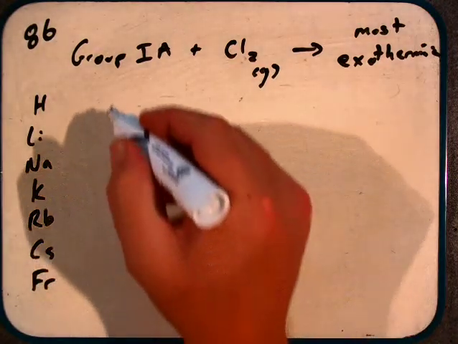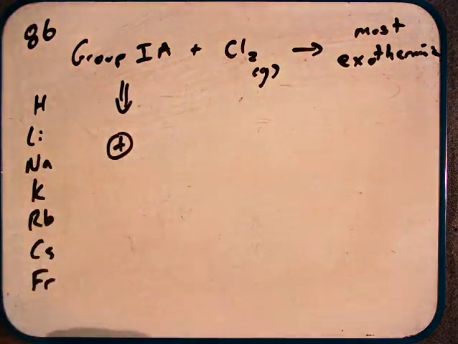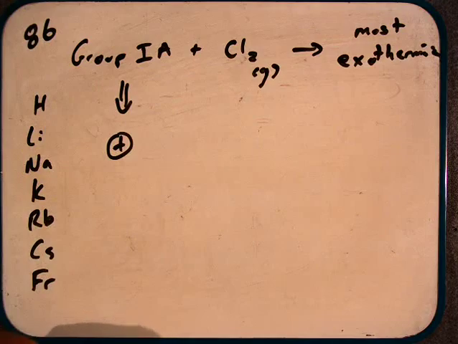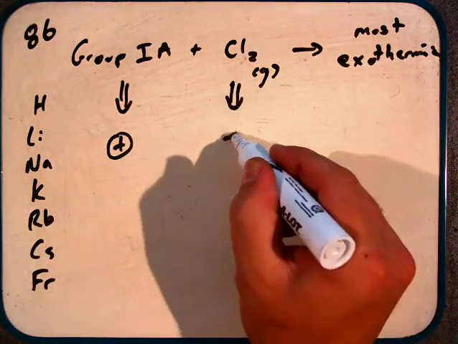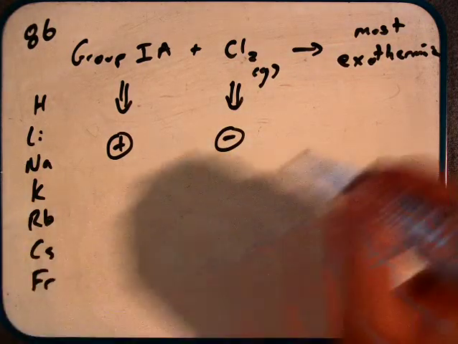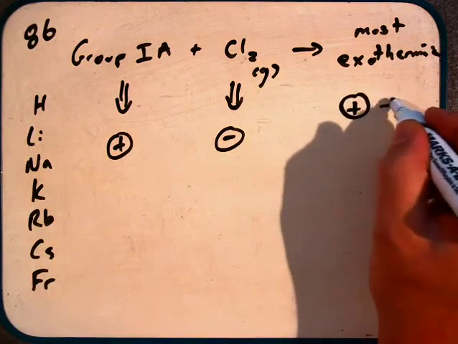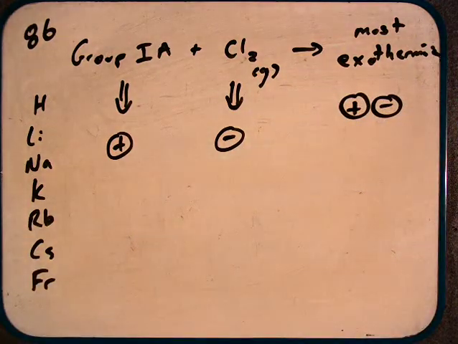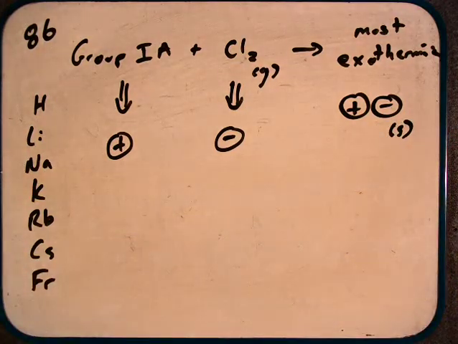We know that from our group 1A metal we need to have a positive charge. We know chlorine's a nonmetal, those guys like to gain an electron, because ultimately what we have as a solid here is going to be a partnering of a plus and a minus charge to make some type of salt, to make some type of solid salt.